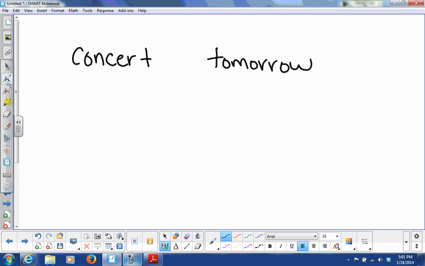And last one, signal. Okay, go ahead and pause the video and separate those into syllables. Just put a line through where you think it should be separated. Remember to look for the vowel, consonant, consonant, vowel pattern, and then split them right between the consonants.